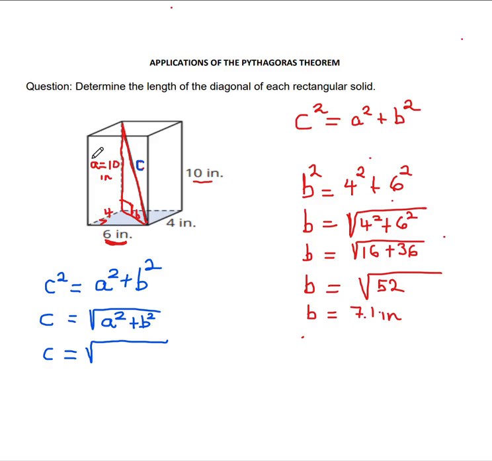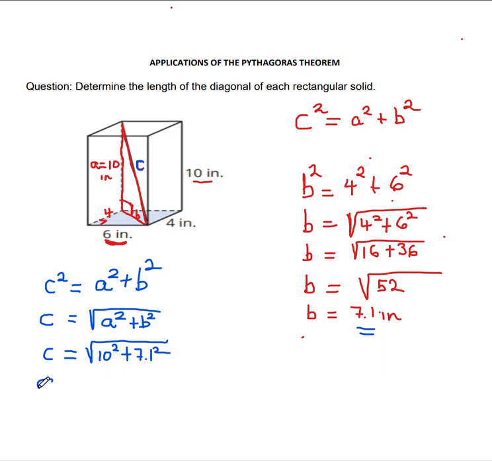So let us pick up the value of A, which is the height of this rectangular solid, also the height of the right triangle that is formed and marked out in red. So that will be a value of 10. So 10 squared plus B, we just worked out the value of B to be 7.1 inches. So that's going to be 10 squared plus 7.1 squared.